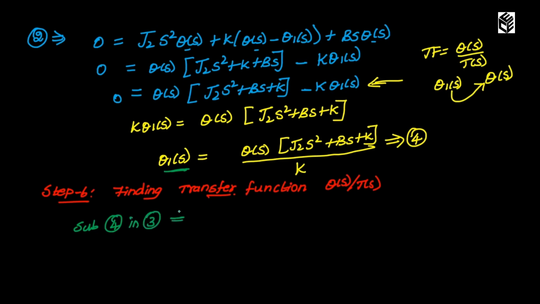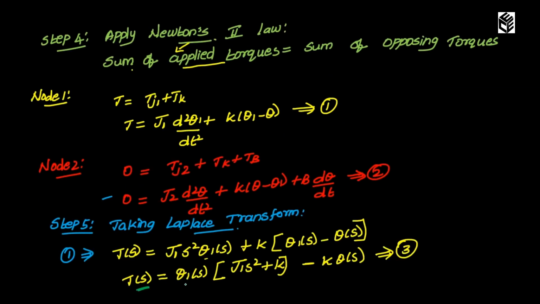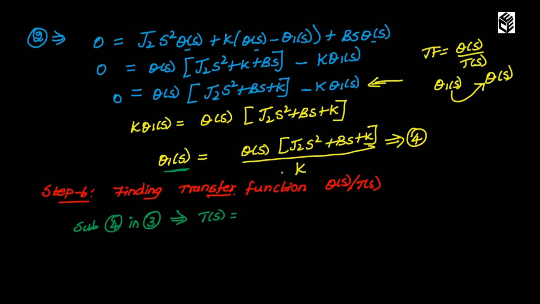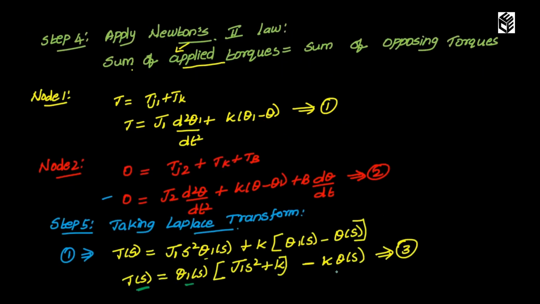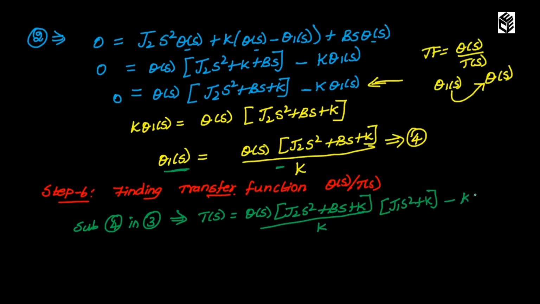This implies T of s is equal to, instead of theta 1 of s, I am going to apply this value: theta of s into J2 s square plus Bs plus K divided by K, multiplied by J1 s square plus K, minus K into theta of s.